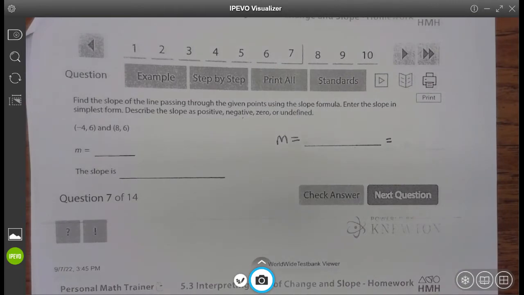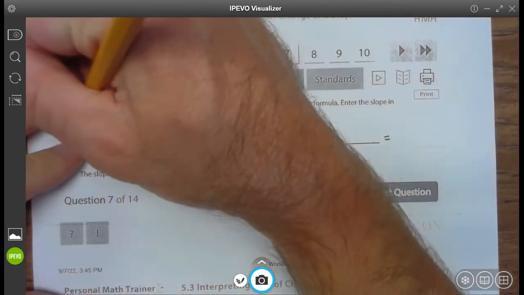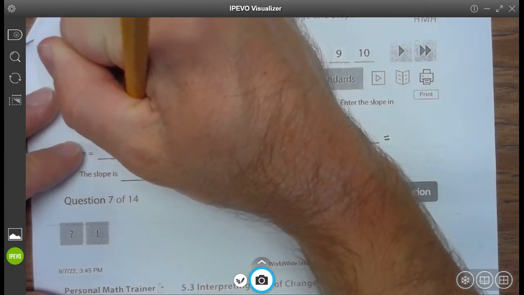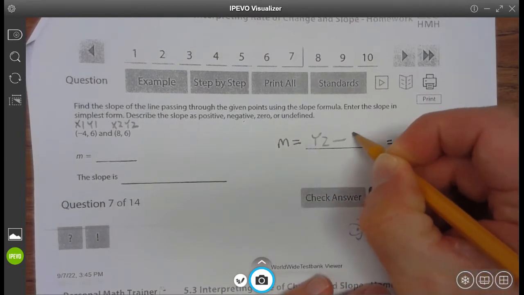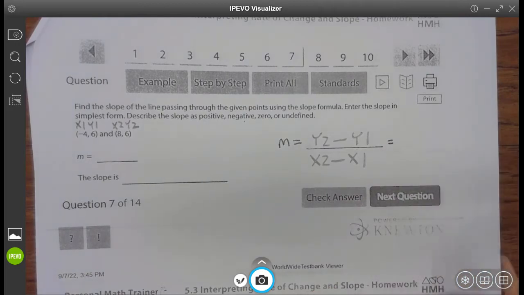All right, example 7. Find the slope of the line passing through the given points using the slope formula. So again, this is going to be x1, y1, x2, y2. So we know the formula is y2 minus y1 divided by x2 minus x1.